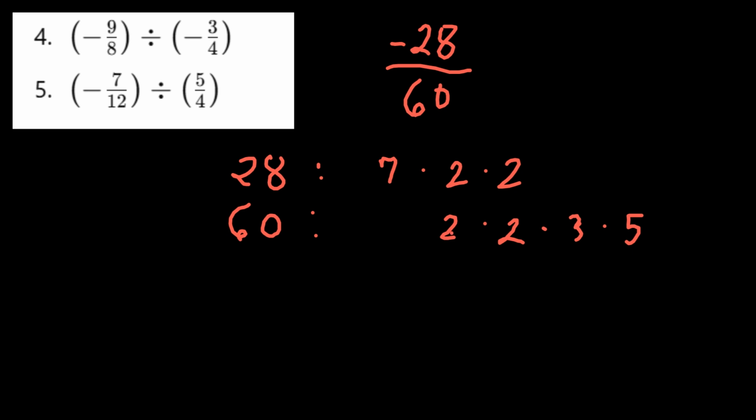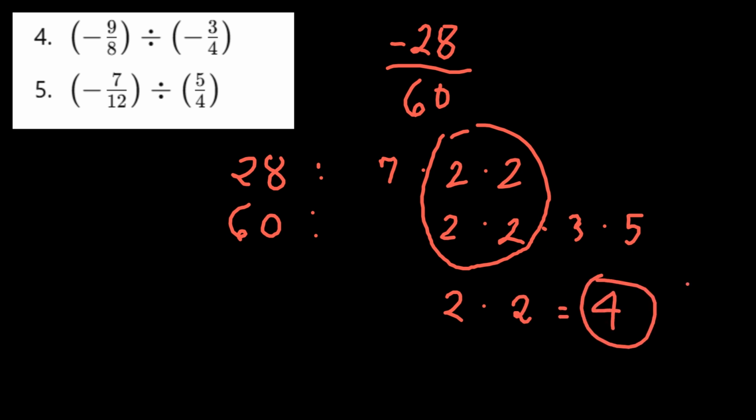Because 2 times 2 is 4, 4 times 3 is 12, and 12 times 5 is 60. I can see already what is common to them. They both have 2 times 2, so that becomes 4. Therefore, the greatest common factor is 4.